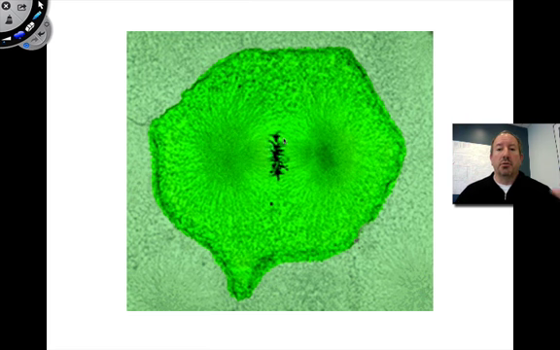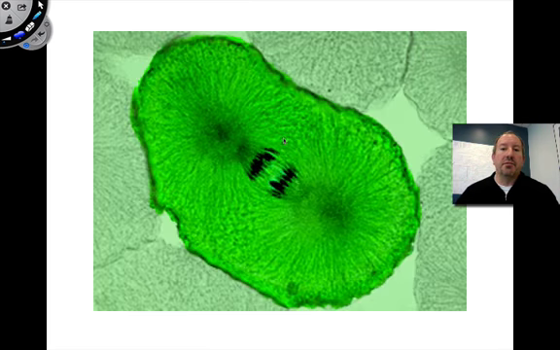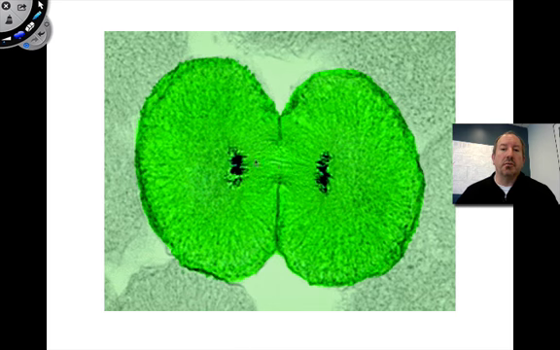And then they get pulled apart during anaphase. It's a great picture of anaphase. And then they arrive on opposite sides of the cell, or telophase, and then you can see here the cell starting to pinch in. So those are the 4 phases of mitosis, and then you have cytokinesis, and the cell divides into 2.